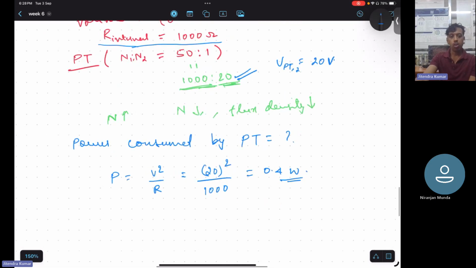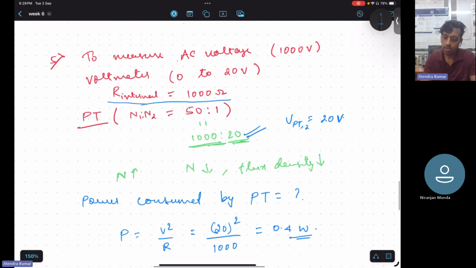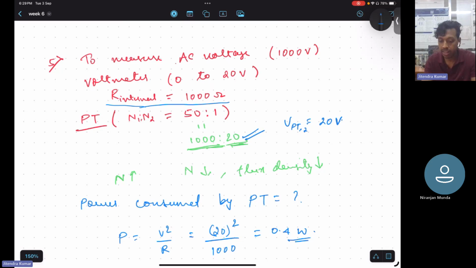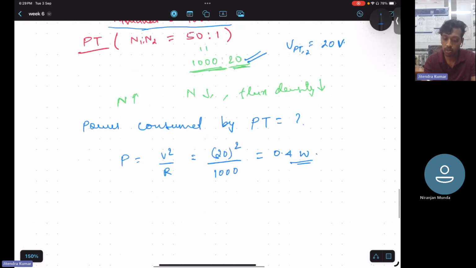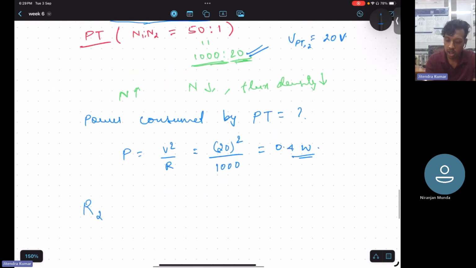Now we have to find out the equivalent resistance from the primary of the potential transformer. We have 1000 ohm on the secondary side. So what will be the equivalent resistance from the primary side? R2 is 1000 ohm.